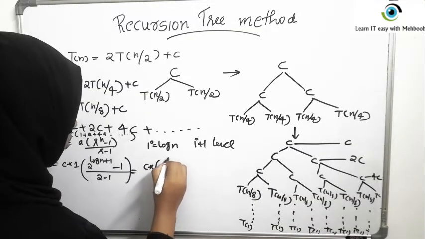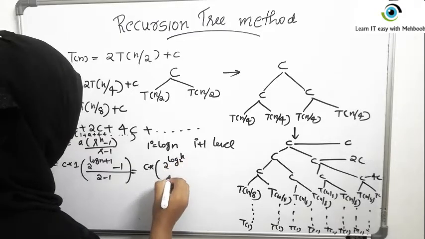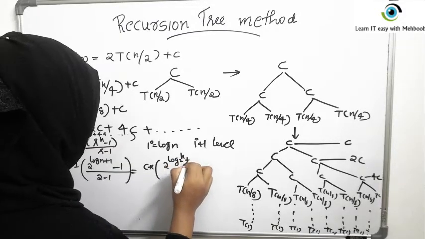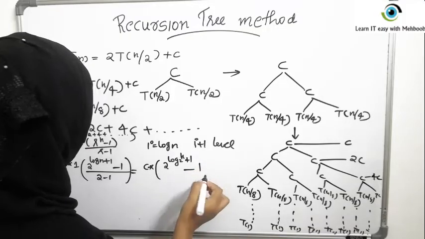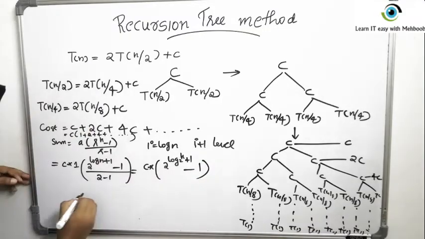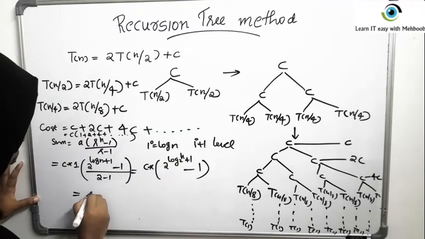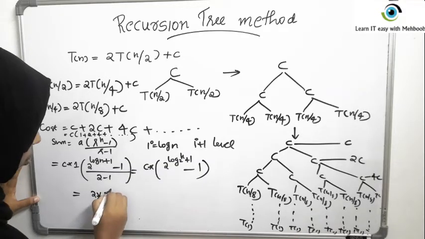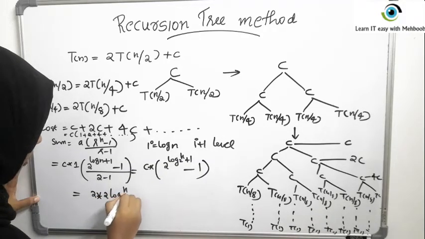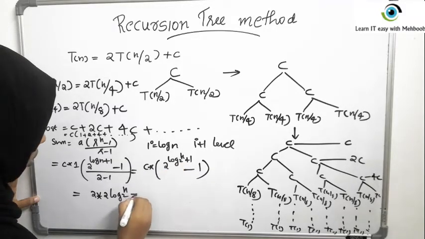So you get c into 2 raised to log n to the base 2 plus 1 minus 1 divided by 2 minus 1, which is 1. So when you do this, this is 2 into 2 raised to log n to the base 2, isn't it? Because this 1 is 2 minus 1.